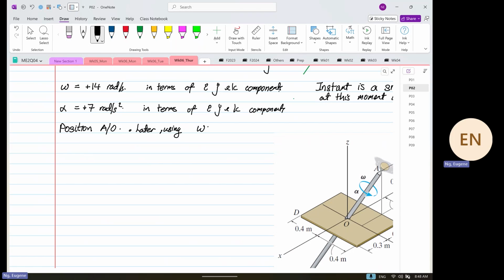I'll call our position r A to O, and then we use alpha with r A relative to point O, to find the i, j, and k components for angular velocity and acceleration.